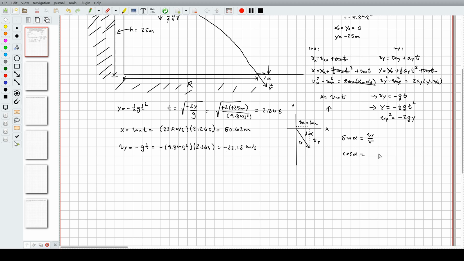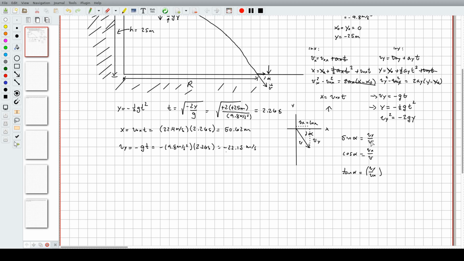Cosine of alpha is adjacent over hypotenuse. And tangent of alpha is opposite over adjacent, like that.